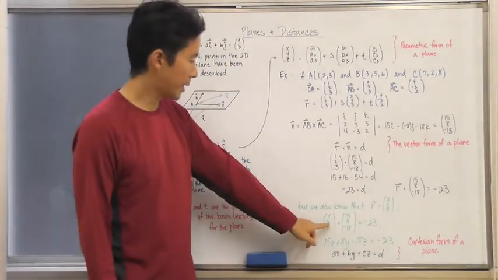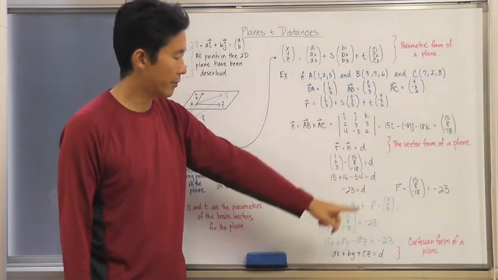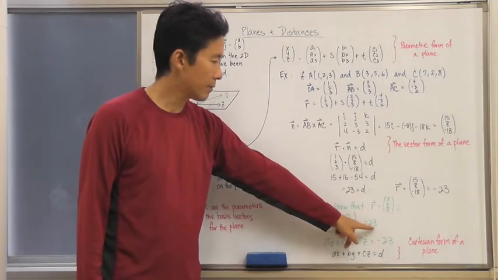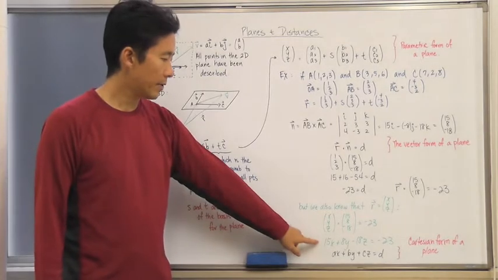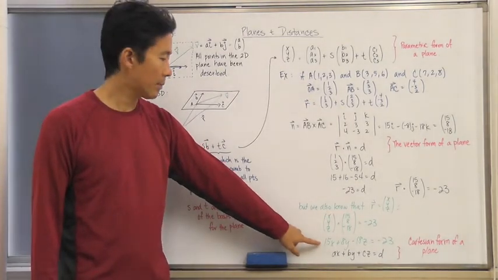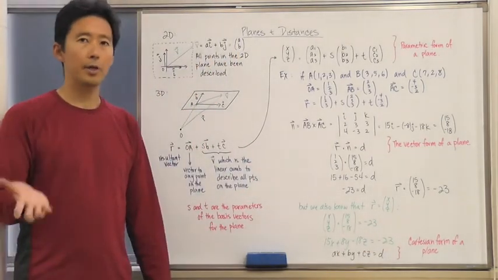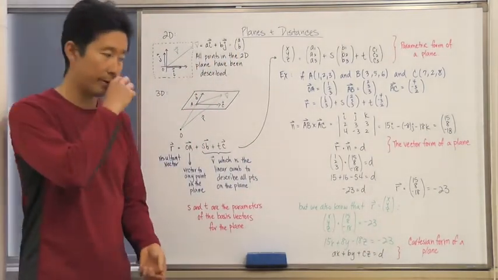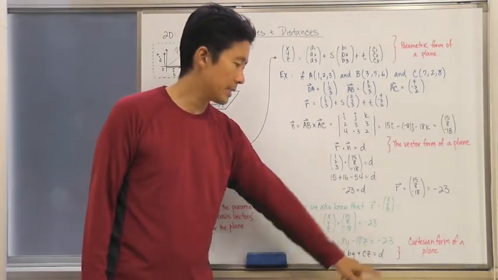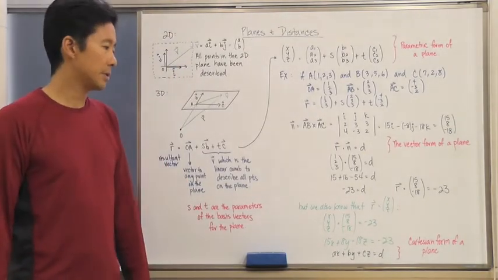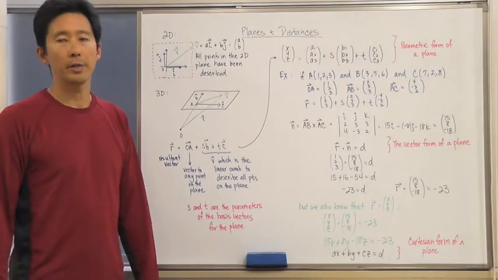So if I write this as x, y, z, dot that with 15, 8, negative 18, which is the normal vector of the plane, equaling negative 23, because that's what our specific equation says, and use the dot product this time, I'll come up with 15x plus 8y minus 18z is equal to negative 23. And there you go. There is the Cartesian form of the plane. So in its most general form, we have ax plus by plus cz is equal to d, where a, b, c, and d are parameters and are real numbers.